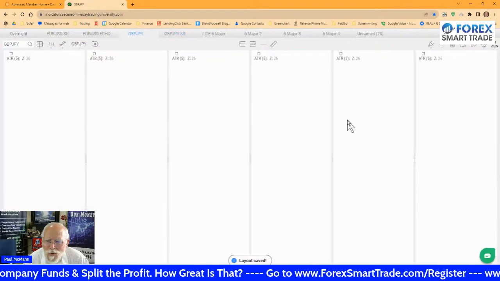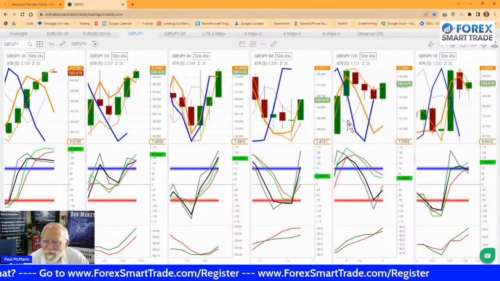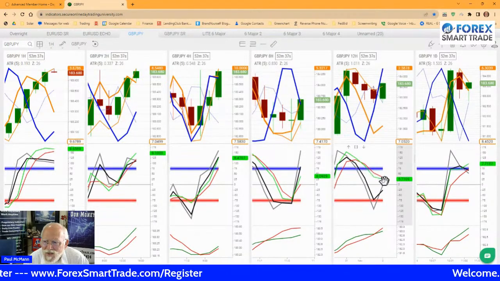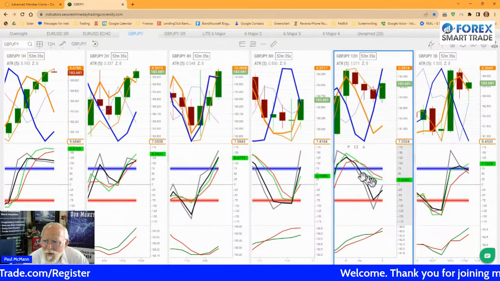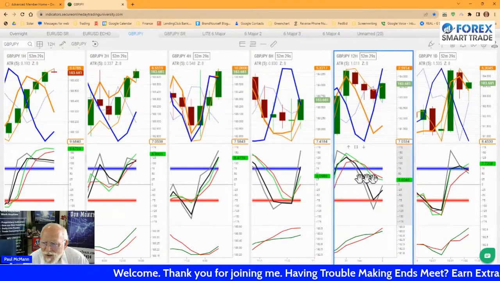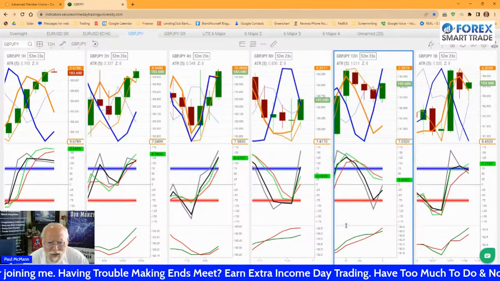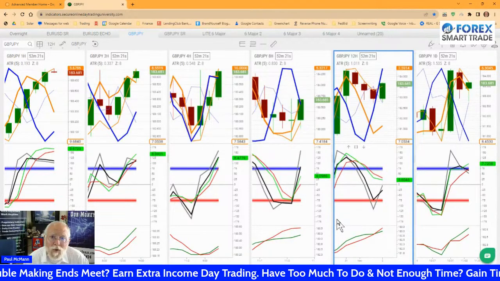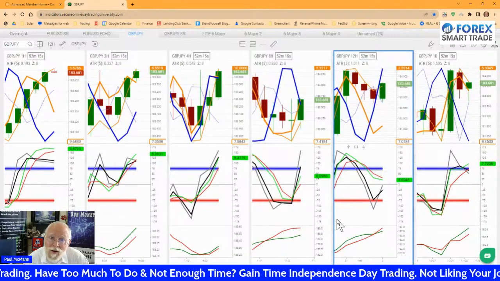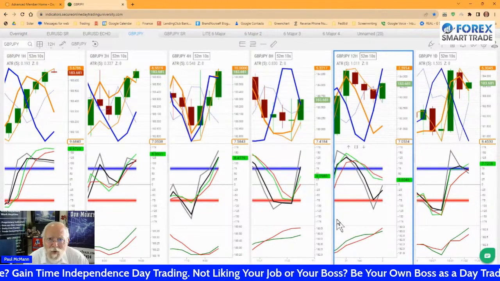Go back and look at it one more time. You know what? I'm going to pass. This is too steep. The green line on the 12 hour is just too steep. If it was almost horizontal and coming down a little bit, but this is too steep. So we're going to pass. So unfortunately, gang, or fortunately, depending on how you look at things, no trade tonight on either the Euro USD or the pound yen. That's kind of unusual.